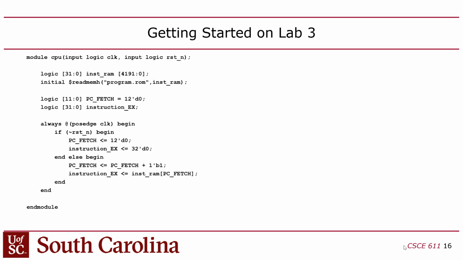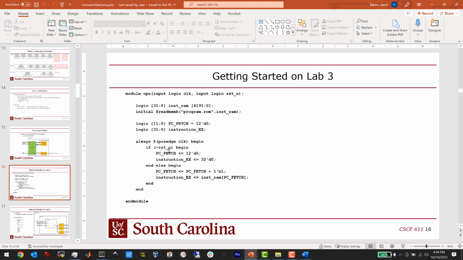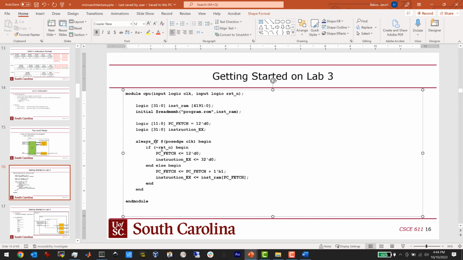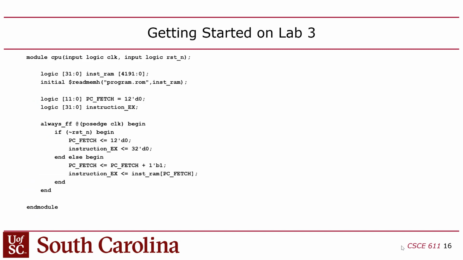Okay, so then pretty much you just have an always underscore FF. Oh, I forgot an underscore FF there. Sorry, I just wrote this, so there we go. Not a big deal. Always underscore FF at positive edge clock.